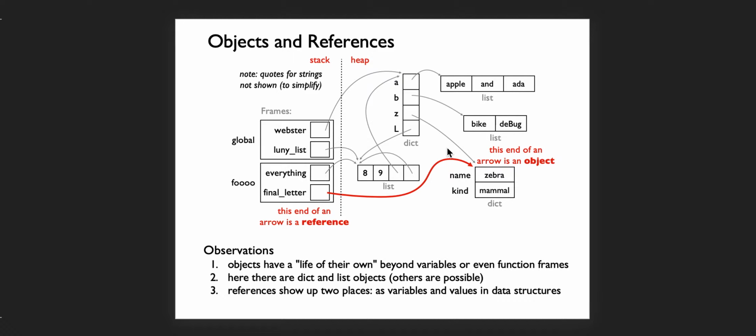Another thing that I want to point out is that objects reside in a place which is called the heap, a collection of all the data which is part of your objects, whereas your references exist as part of something called the stack.